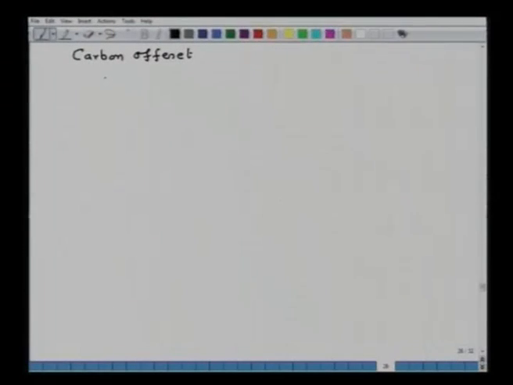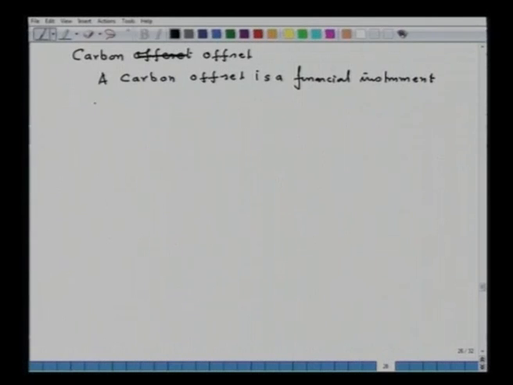Now, let me define what a carbon offset means. A carbon offset is a financial instrument aimed at a reduction of greenhouse gas emissions.